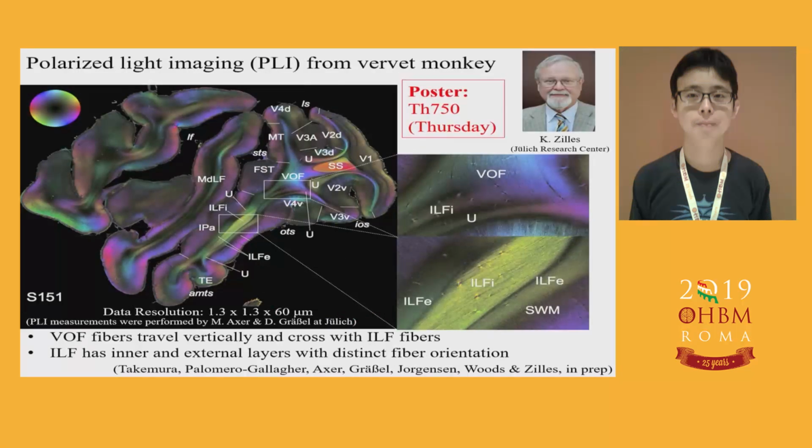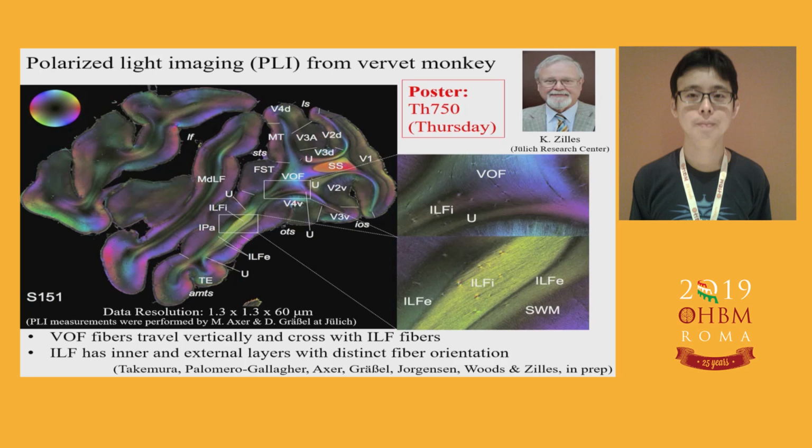In order to be more confident about the existence of the fiber, and to understand fiber organization and crossing, I am now collaborating with Professor Karl Zilles at the Jülich Research Center in Germany to analyze very high-resolution polarized light imaging data collected from a bearded monkey.